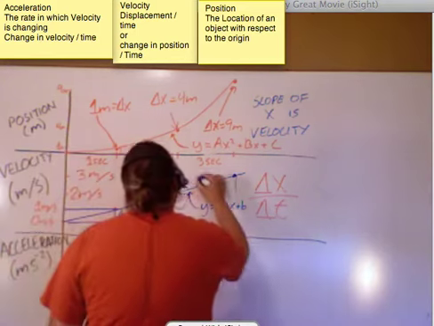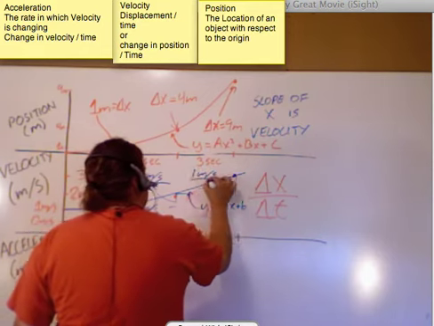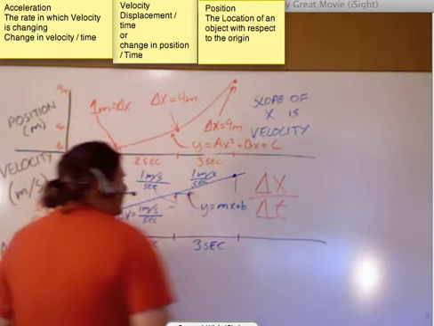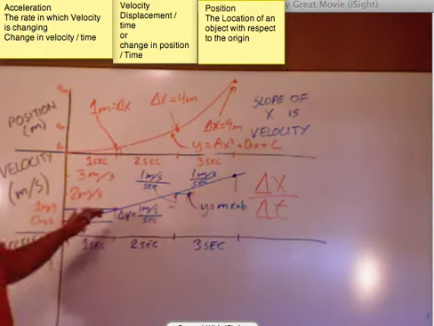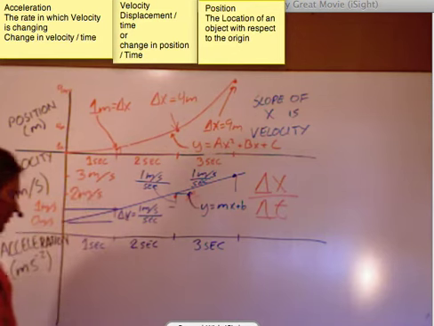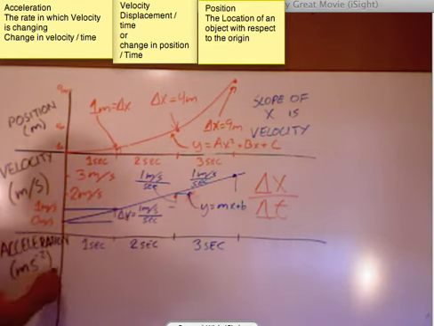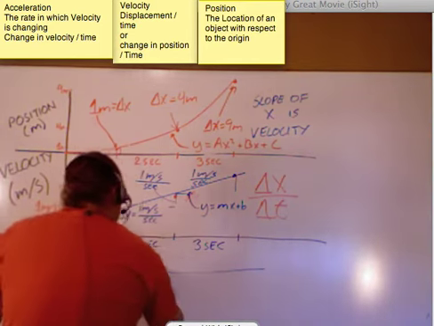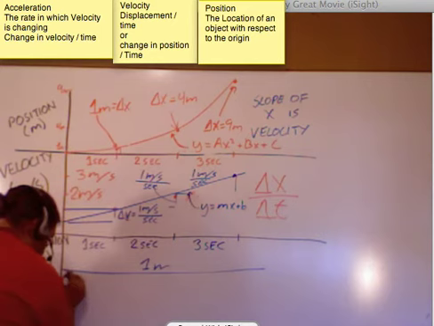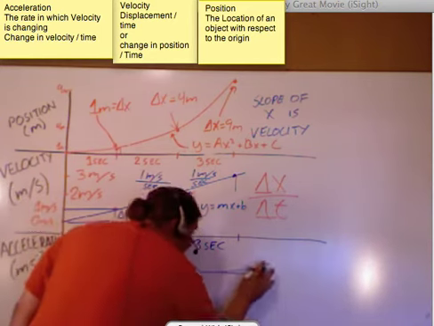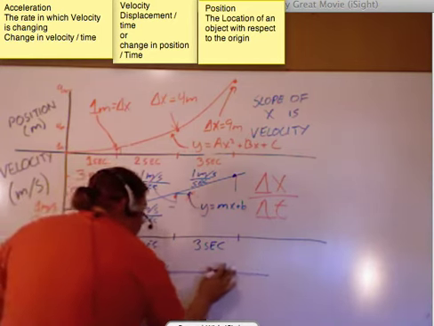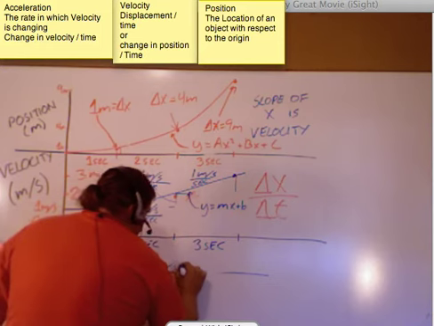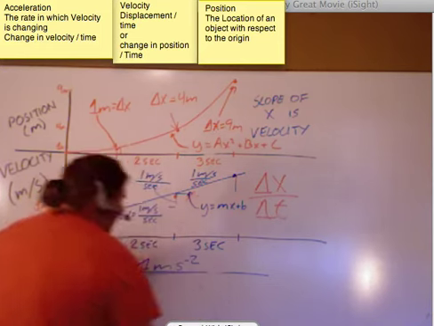Looking at 3, 1 meter per second per second. You can do it on your own. I showed you how to do it in the last video. What that looks like for the acceleration is, here's 0. The acceleration is a constant 1 meter per second squared. I didn't draw this very constant.